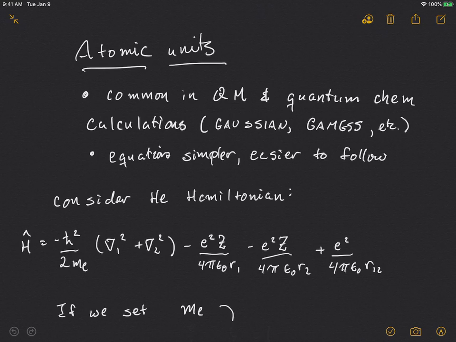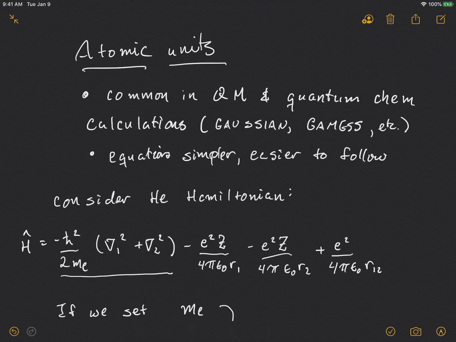If we look at this Hamiltonian, we've got the kinetic energy term, that includes minus h bar squared over 2 times the mass of an electron, and the del 1 squared, that has to do with the kinetic energy of the first electron, temporarily assigning them labels. We know we have to be careful about that, but we know we have these labels. And del squared 2, which is the kinetic energy of the second electron.